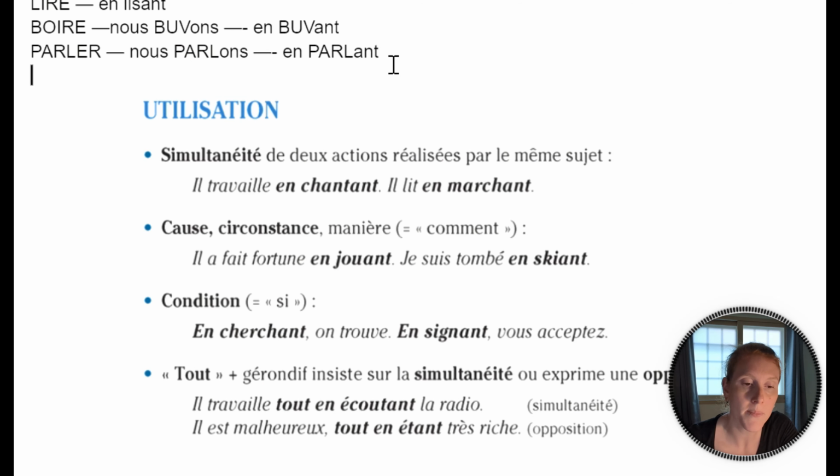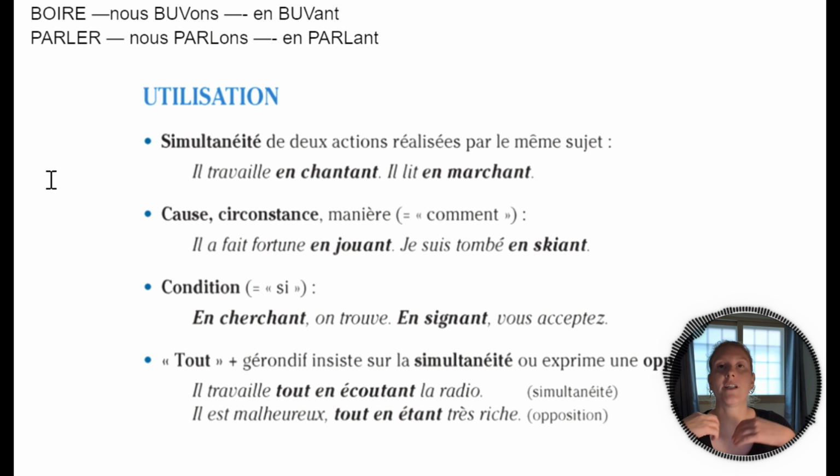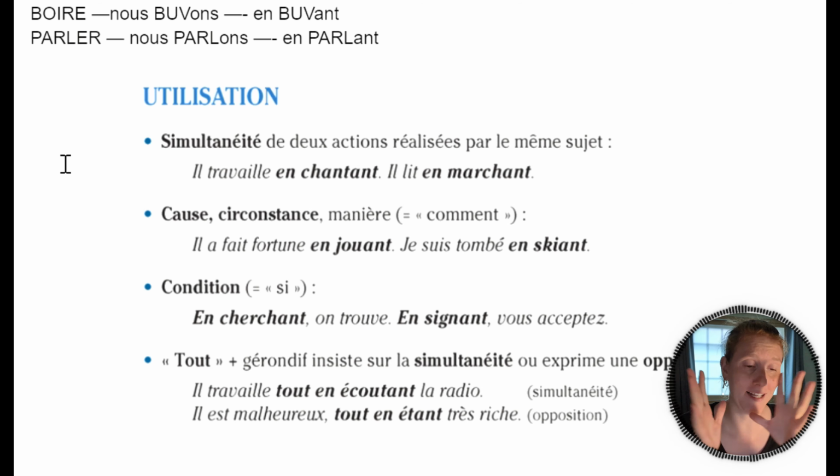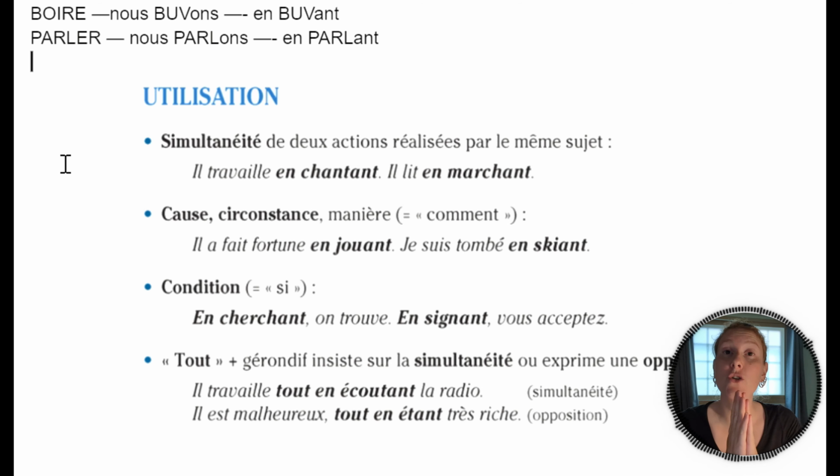Here you have a list. First of all, it's to express simultaneity. Is that the word in English? I don't know. Maybe I'm just inventing a new word. Anyway, it's 2 actions that are done by the same subject at the same time. Okay?